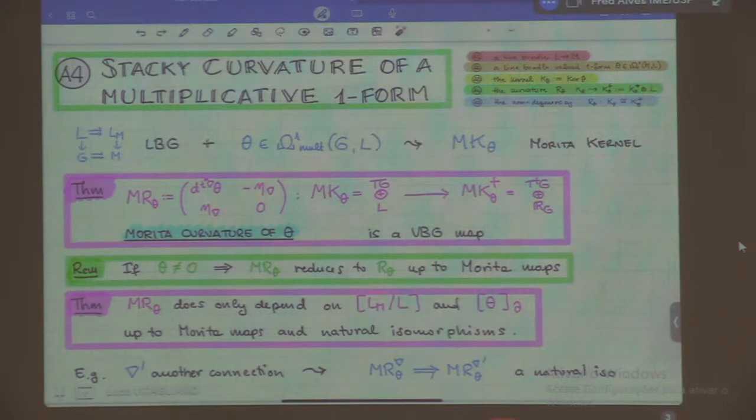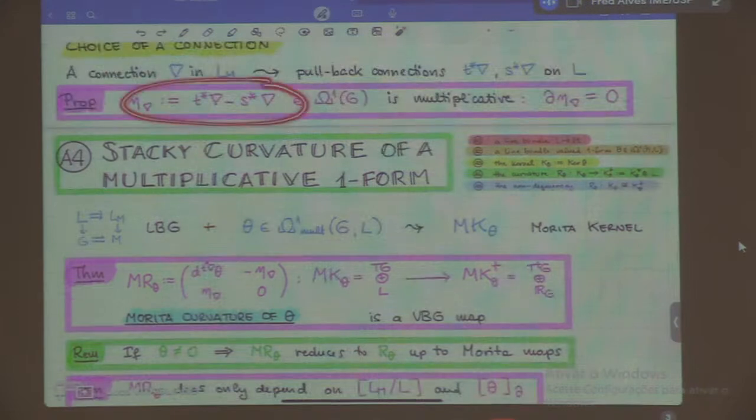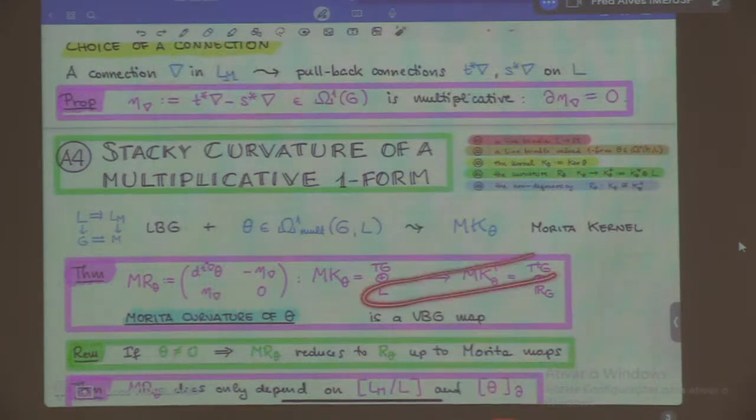Then I'm able to define a vector bundle map, which is also a groupoid map, between the Morita kernel and the adjoint Morita kernel, which agrees with the connection differential of theta on the TG sector, and then it's given by this one-form here on the mixed sector.